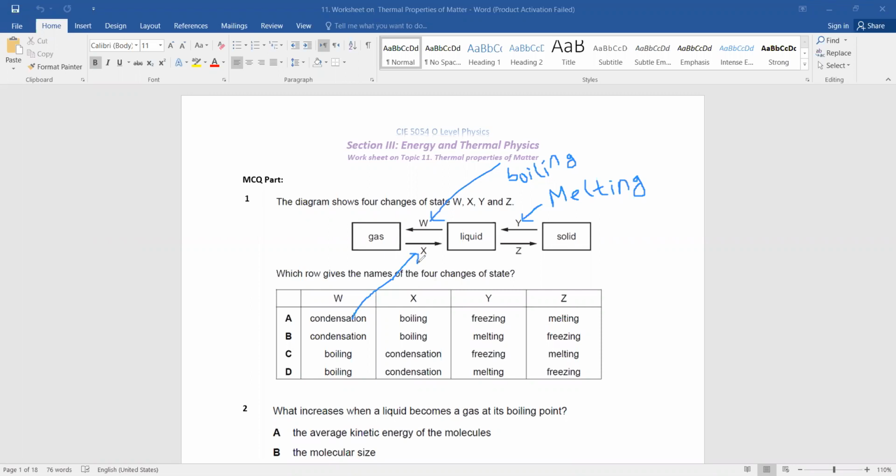Now, from liquid to solid, what is it? Freezing. So, which one will be the correct option? Think and tell me. Which one gives all the columns correctly?